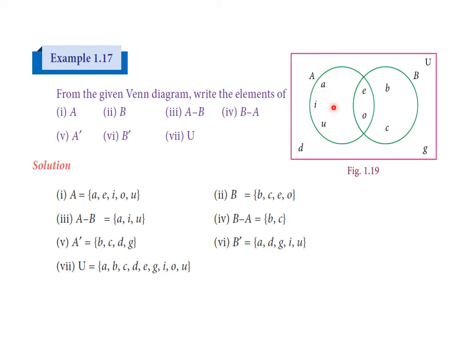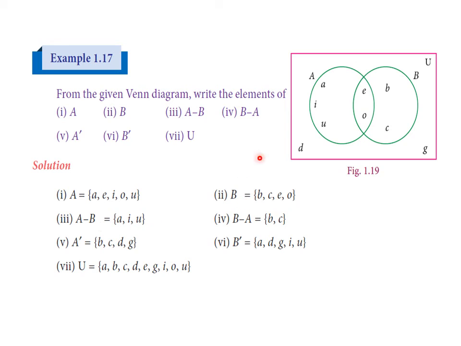This is the set A, this is set B, and this full pink color box is the universal set. So for writing A: A, E, I, O, U. These are the elements lying in the set A. And then B. So look at B: B, E, O, C. These elements will come in B.